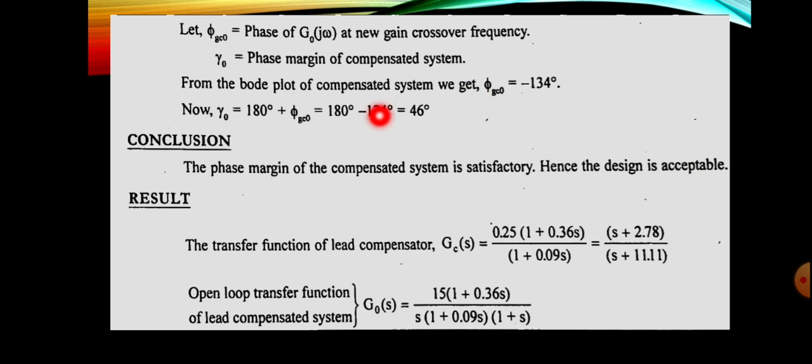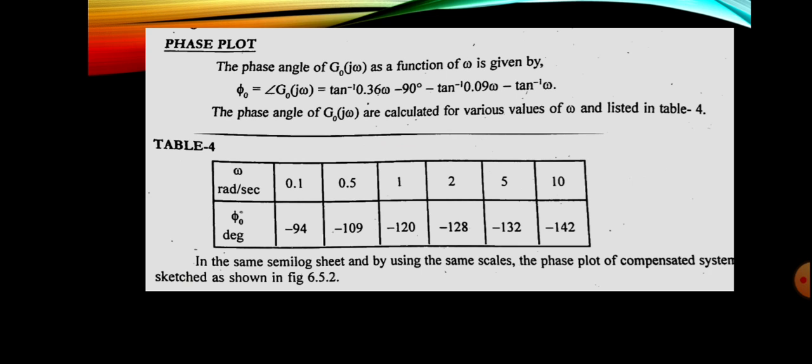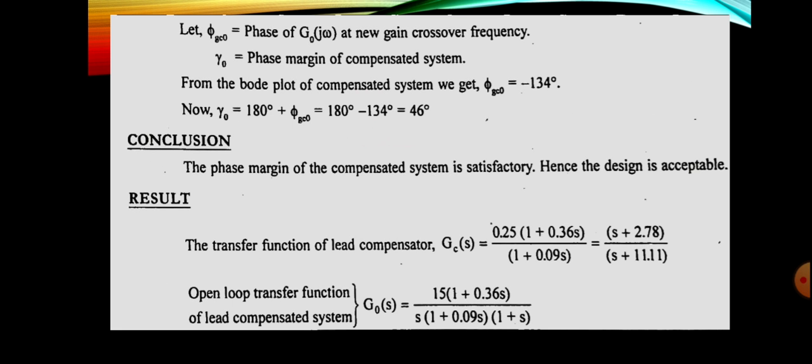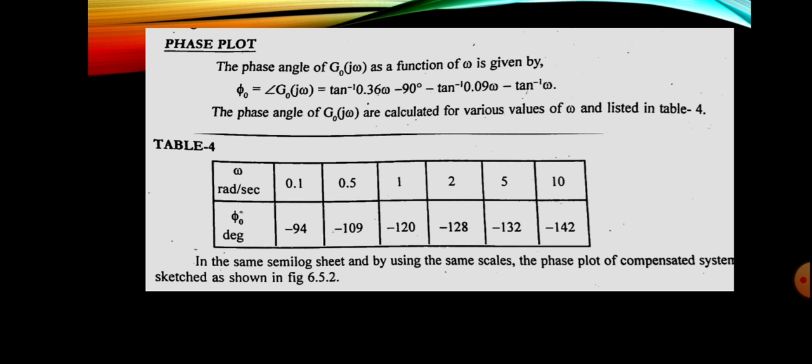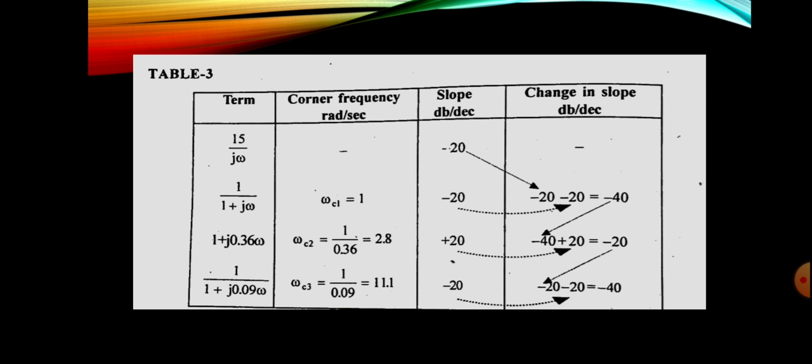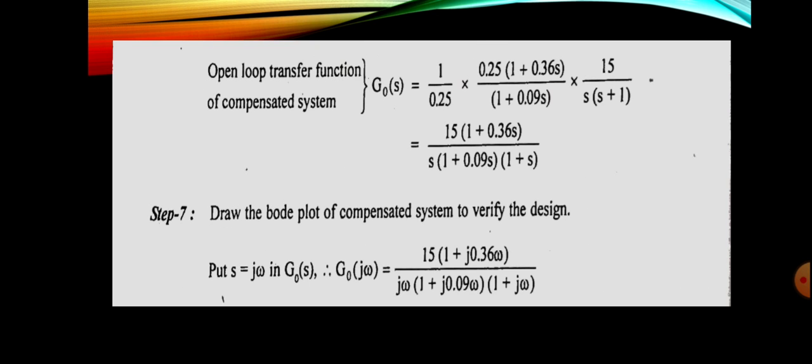Once you get the phi GCO value, you can calculate phi gamma, that is the phase margin, as 180 plus minus 134, which is equal to 46. So we have gone through all this magnitude and phase plot procedure for verifying that the designed system satisfies the phase margin requirement. What was it?